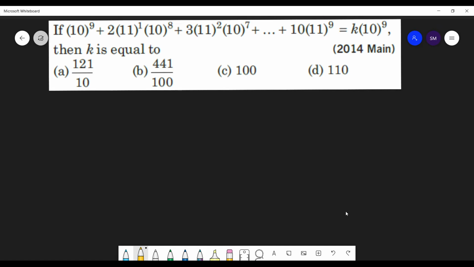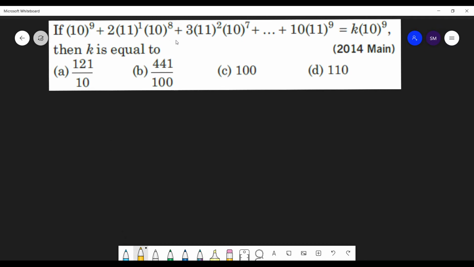We have done a similar kind of question. Yes, students, initially the first 2-3 steps are crucial.